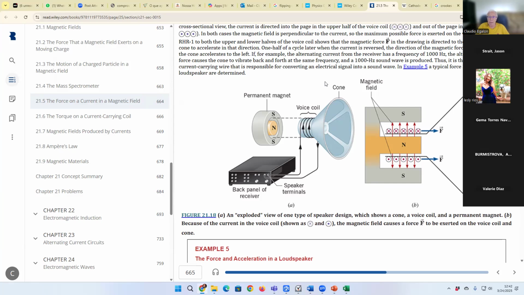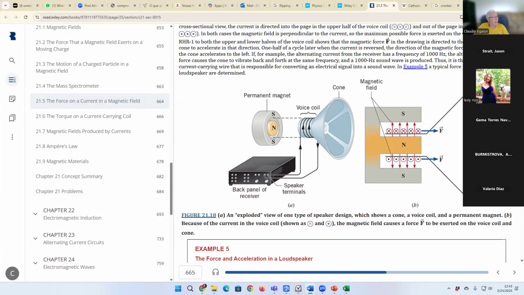And depending on the direction of the flow, if the current is flowing back and forth, this speaker is going to move back and forth as well. If you make the speaker move back and forth very fast, depending on the frequency of back and forth motion, the speaker is going to create some different tones. Okay? That's how the speaker works.